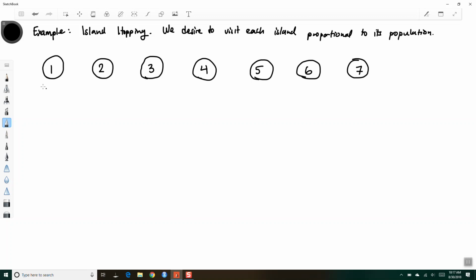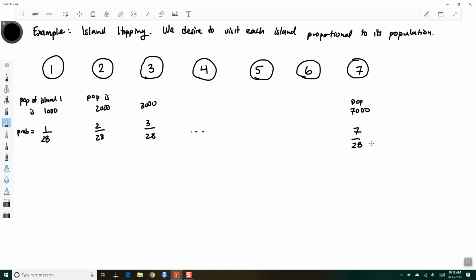The population of island 1 is 1,000, and the population here is 2,000 and 3,000, etc., and this one has population 7,000, and thus the probability is going to be equal to 1 over 28, 2 over 28, 3 over 28, to 7 over 28, right?